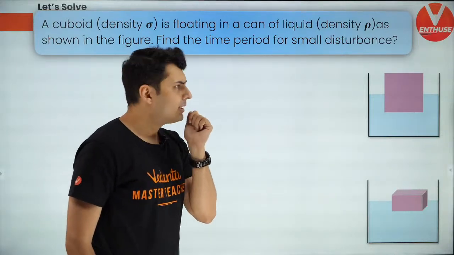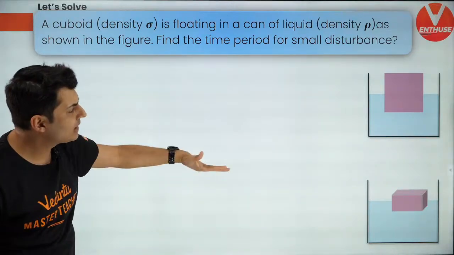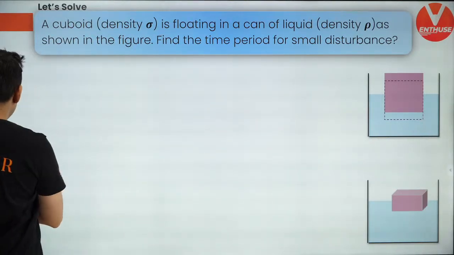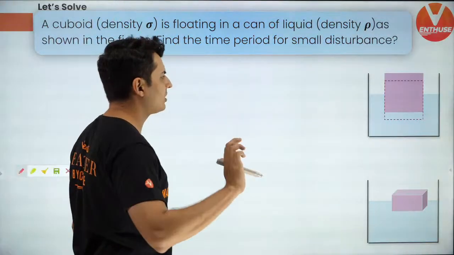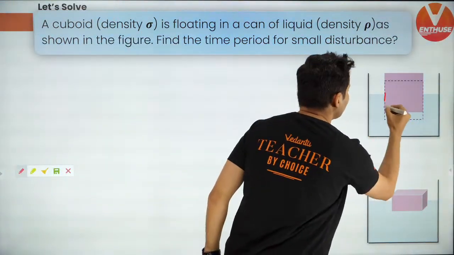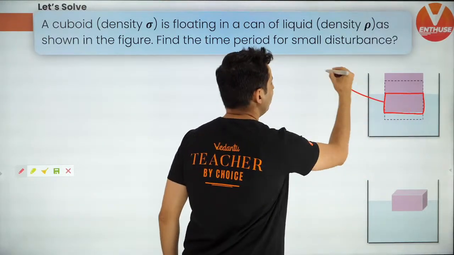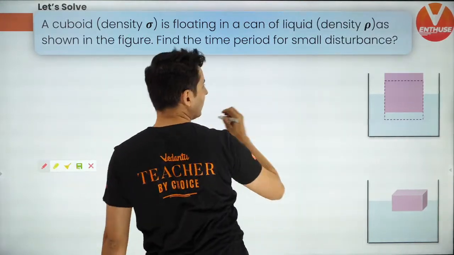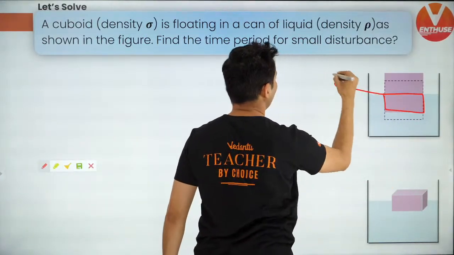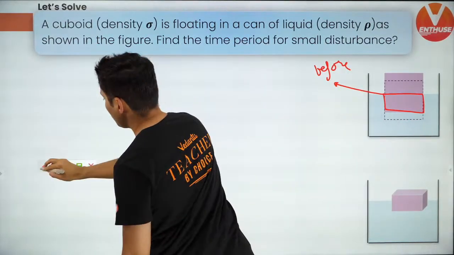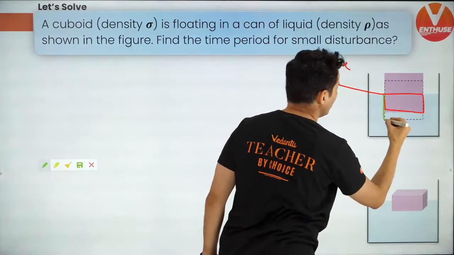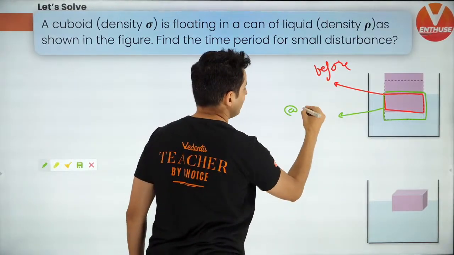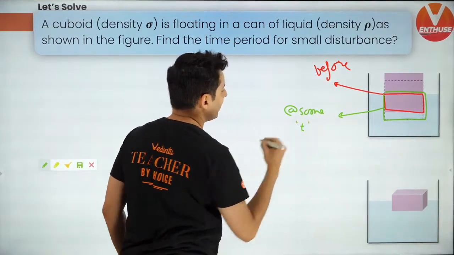Now, understand what will happen if I push it a little bit down and it is oscillating back and forth. This is some random position. Think about it. This was the liquid displaced before, and this is the liquid displaced now in the random position at some instant of time.